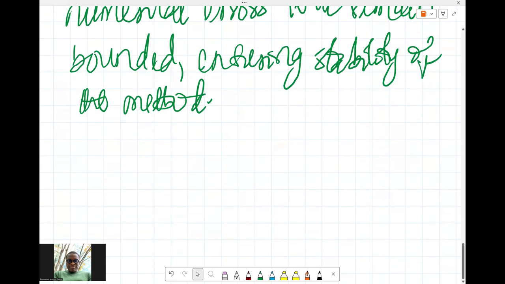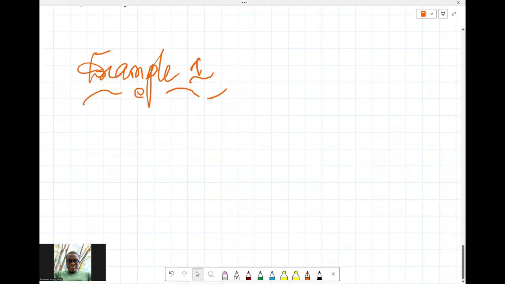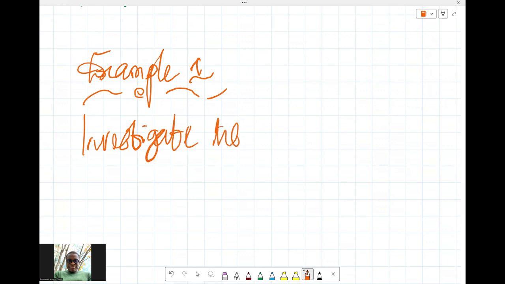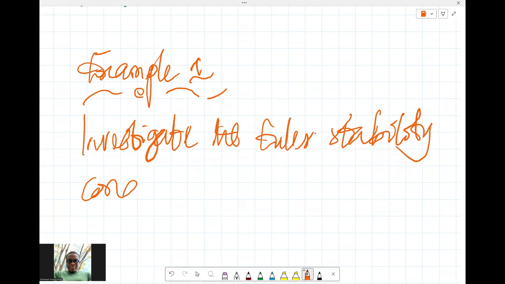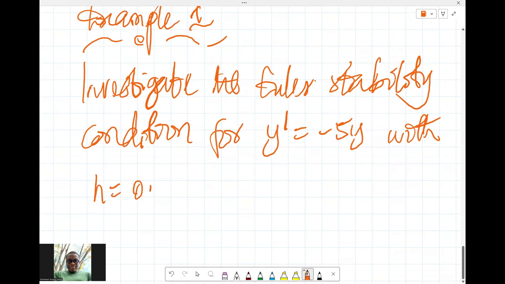So let's take about 2 examples to see how this goes. Example 1. Investigate the Euler stability condition for y prime equals minus 5y with h equals 0.1.